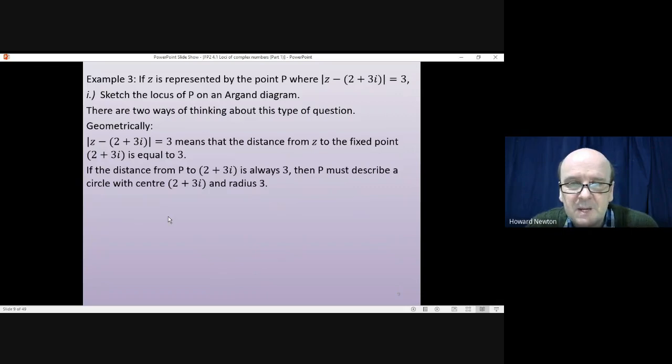If the distance from P to 2 plus 3i is always 3, then P must describe a circle again, but this time the center will be 2 plus 3i, and the radius is the same as before. The radius will be 3. So geometrically, we can get straight to the answer. We've got a circle, center 2 plus 3i, radius 3.